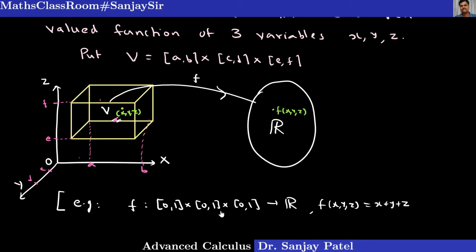This is an example of a function of three variables, and if you take x equal to 1 by 2, y equal to 1 by 2, and z equal to 1 by 2, then you obtain its value just by plugging in these numbers, and you get 3 by 2. So it is always a real number. f is a function of these three variables, and its value is always real, defined on this volume.